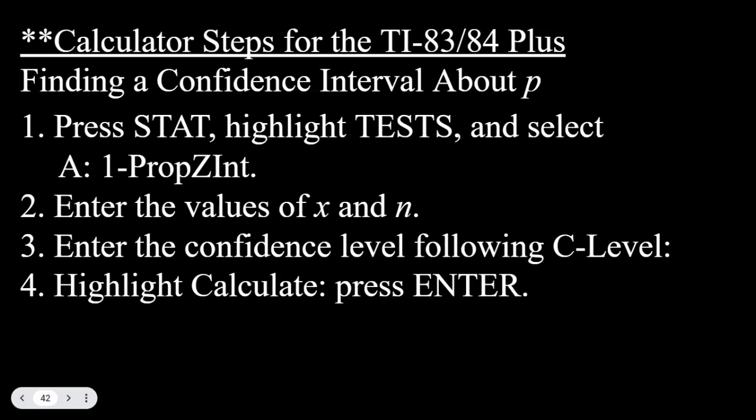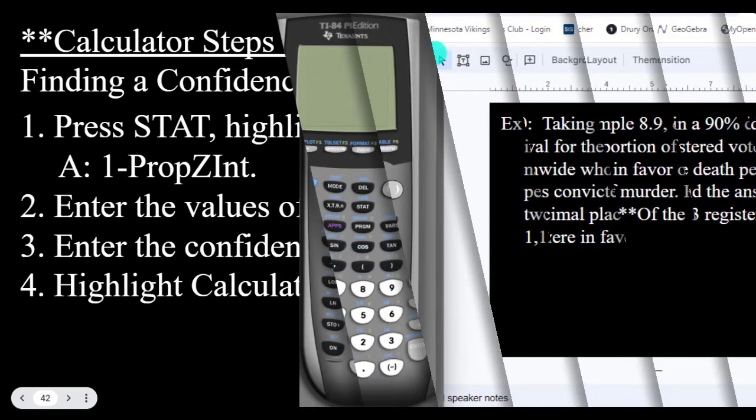That is a proportion confidence interval using the z-score. Number 2, enter the values of x and n. And then number 3, enter the confidence level following the C-level blank there. And number 4, highlight calculate and press enter, and that will take care of it for us.